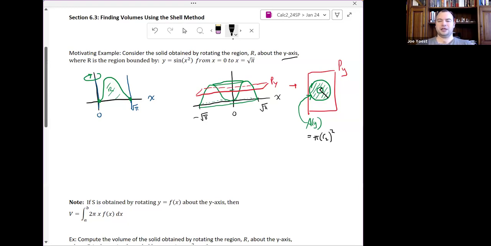That gives me the area inside the bigger circle minus pi R1 squared, taking away the area inside the smaller circle. Okay, this isn't too bad. I just need to find these radii. So for a given y, I need to find the two values of x associated with it. In other words, this is R1, this is R2, and these are the x values associated with a given value of y.